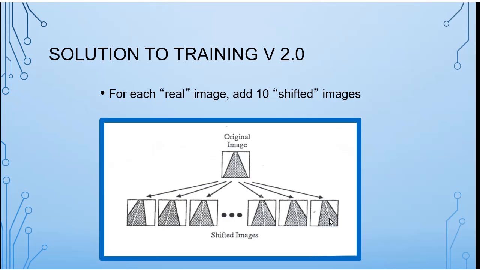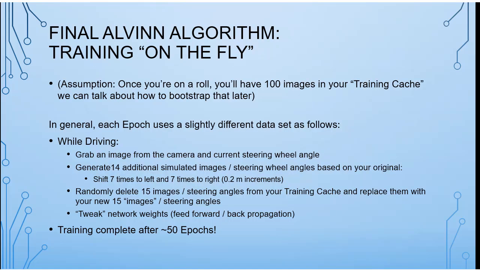The final ALVINN algorithm was called training on the fly. We're not going to talk about how to bootstrap stuff, but once you're going, if you imagine you have 100 images in your training cache, you update the training data set every epoch by grabbing a single image with the camera, creating an additional 14 images like I talked about before with steering wheel angles based on your original, so shift 7 times to the left and 7 times to the right.